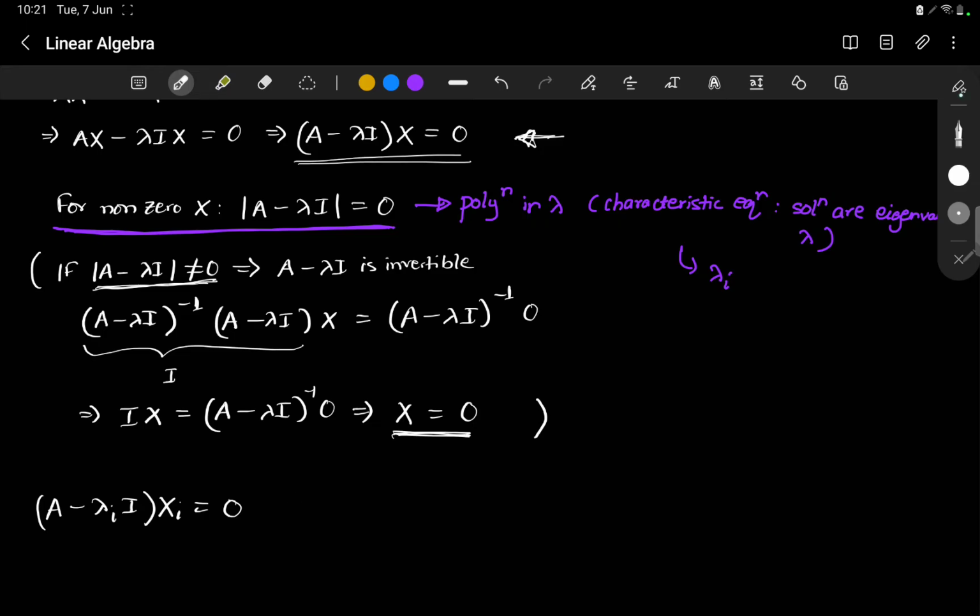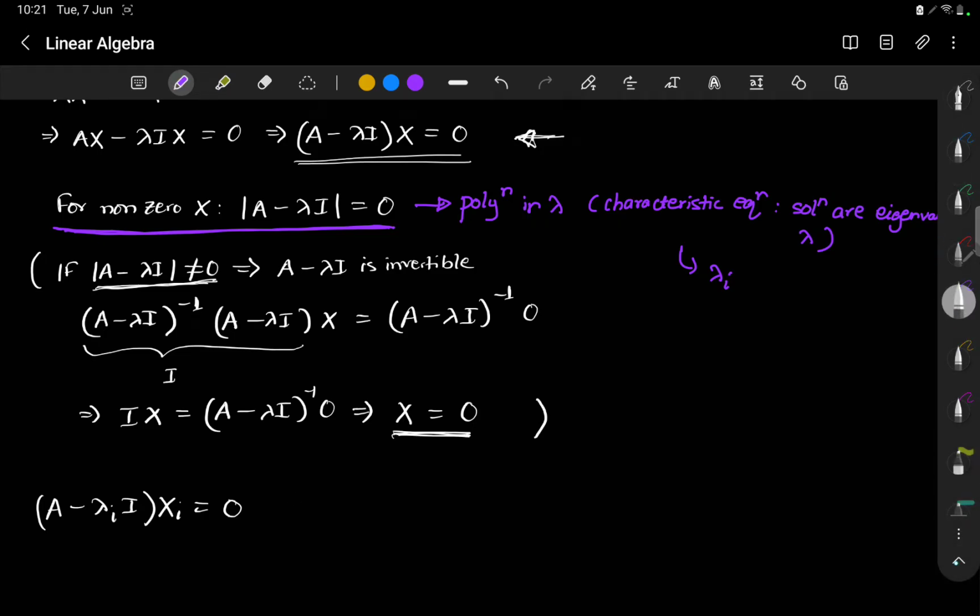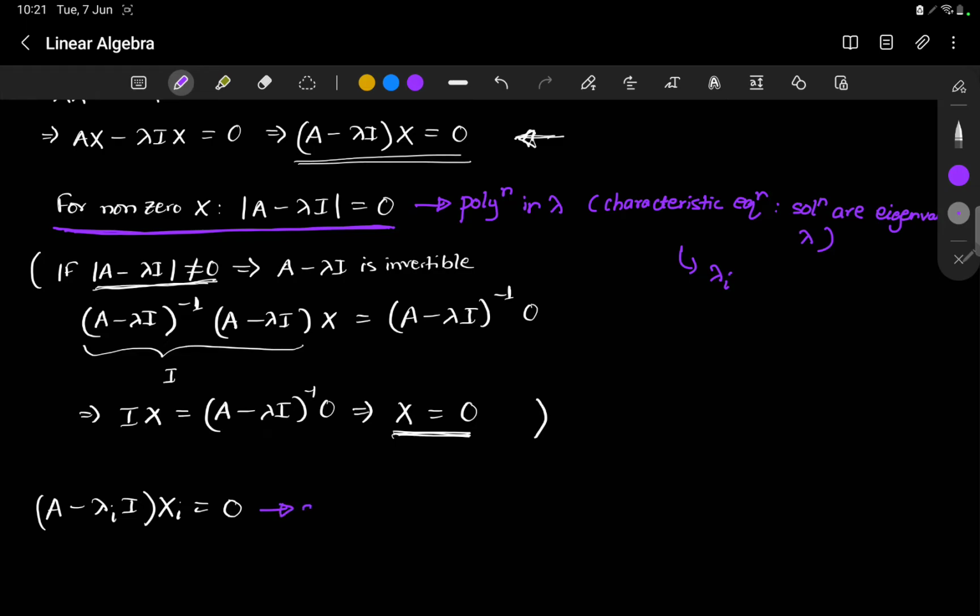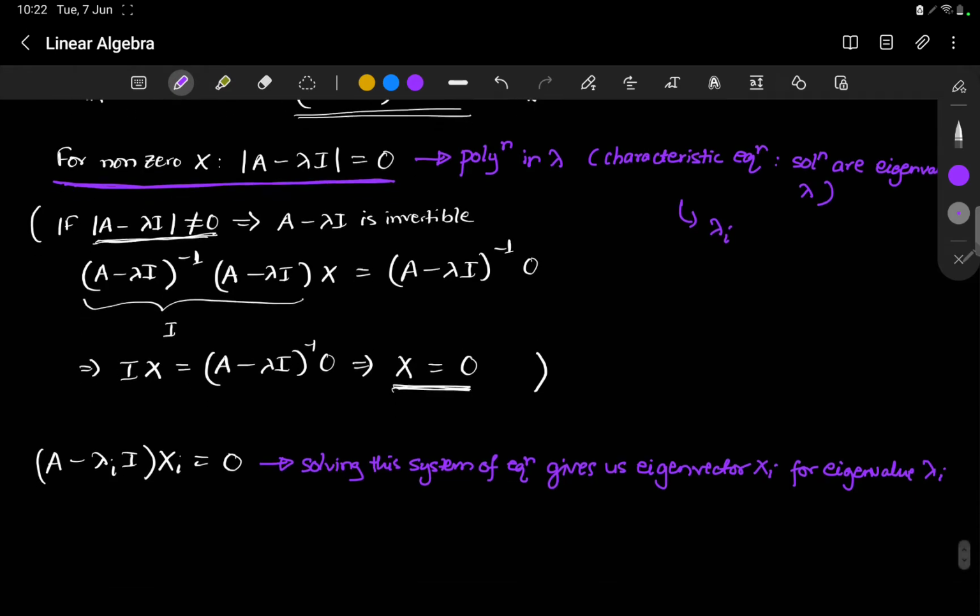Then when we solve this system of equations, this gives us the eigenvector xi corresponding to lambda i. So this is how we find eigenvalues and eigenvectors.